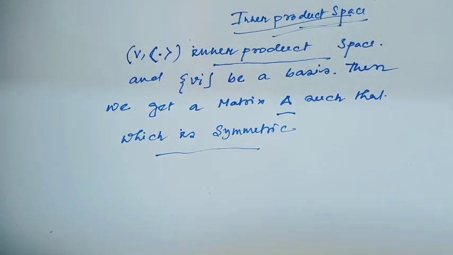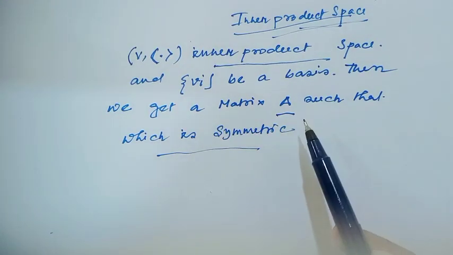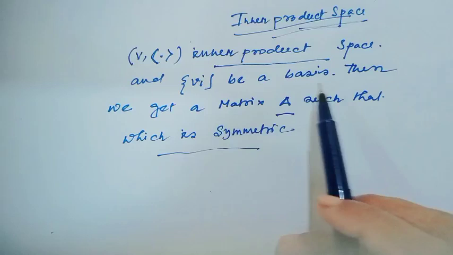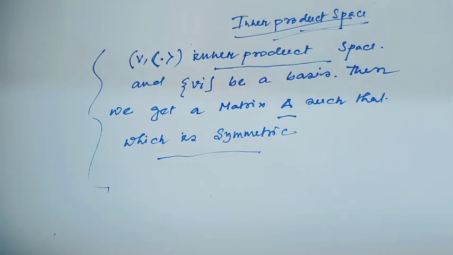That means by an inner product we can always construct a symmetric matrix with the basis, and today I will discuss this concept easily because I have told you inner product space is very important for higher study.